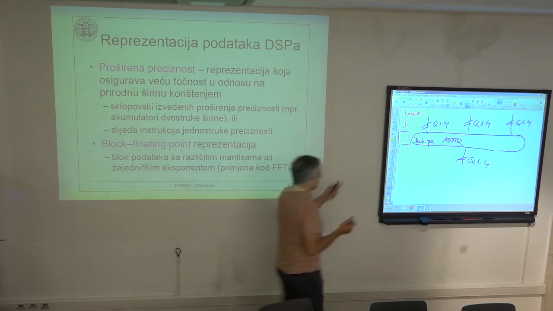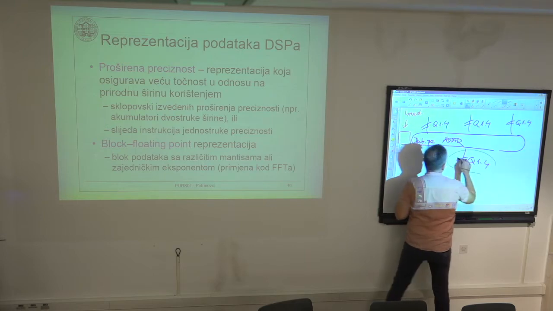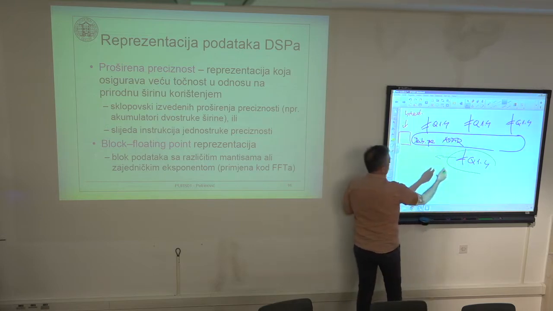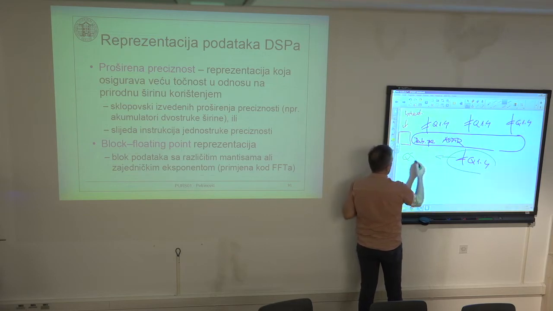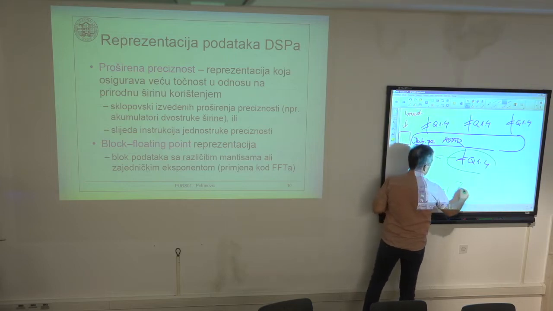So the idea is, for example, I extend this precision to be, for example, Q8.4. So I add additional 7 bits.